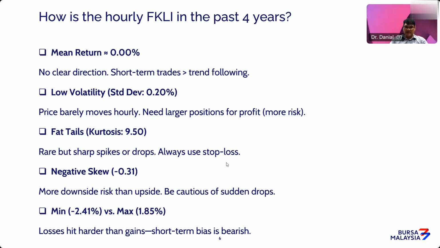The gain is very small, but then the loss will be much more than the gains. All right, so that is how we interpret the descriptive statistics from here to here.